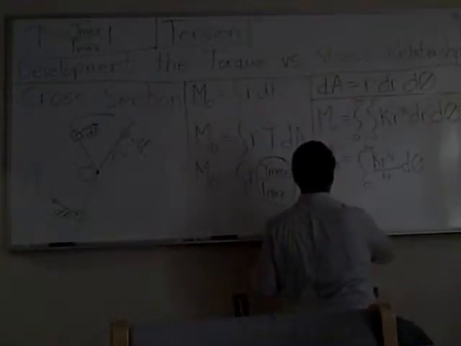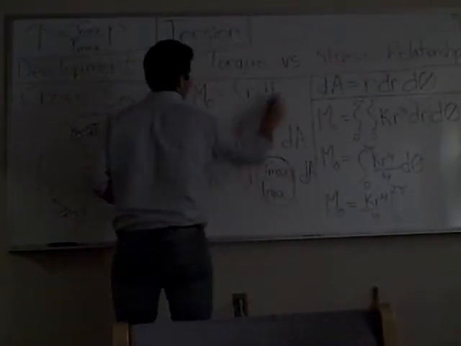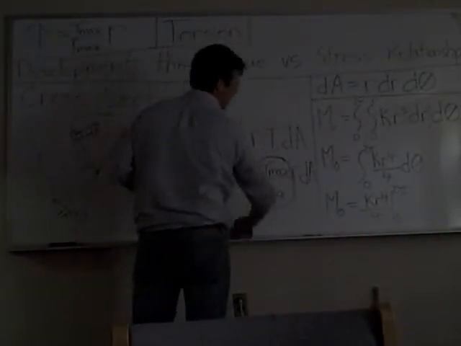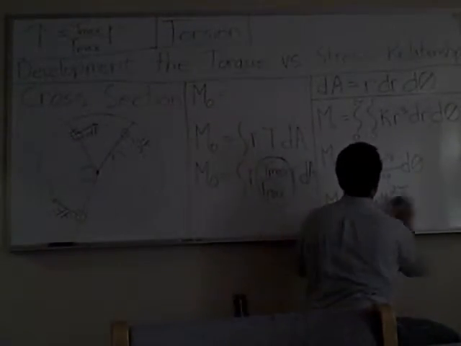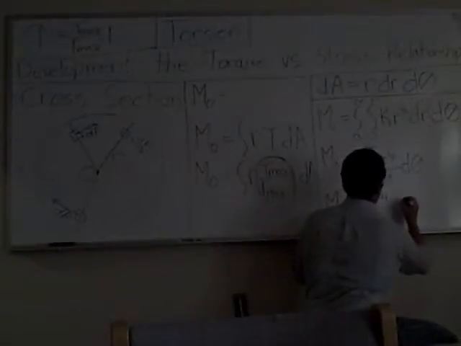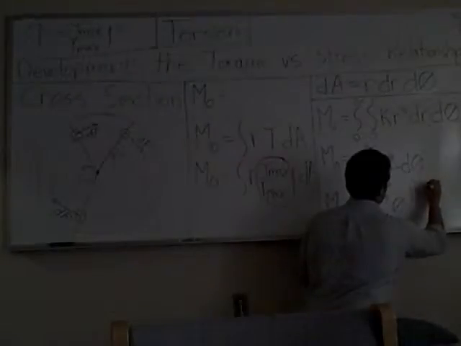And when we integrate this, we come out with our moment equals kr to the fourth over 4 from 0 to 2 pi. And I'm sorry, there's going to be kr to the fourth theta from 0 to 2 pi.